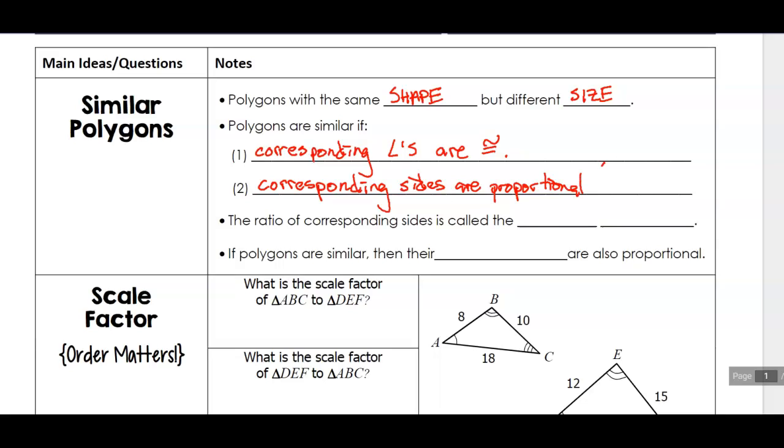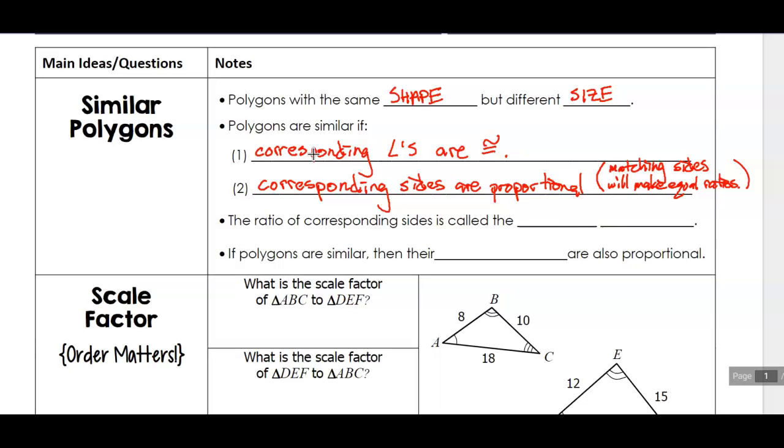Okay, and what this means is that the matching sides will make equal ratios. Okay, and we'll talk more about that.